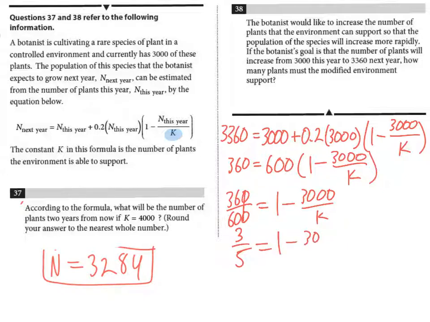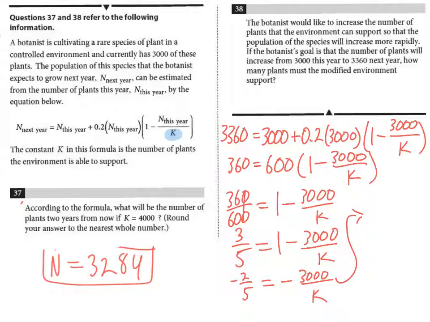1 minus 3,000 over K. Alright, I'm going to subtract 1 from both sides. Well, 3/5 minus 1, that's 3/5 minus 5/5, that's going to be negative 2/5 equals negative 3,000 over K. Okay, I'm going to scoot it up here.